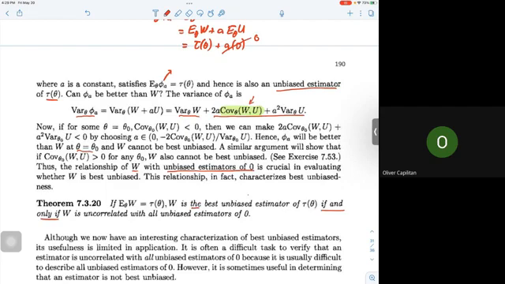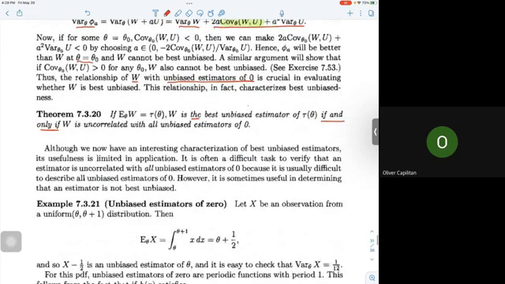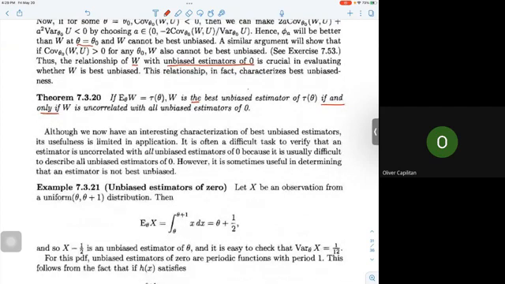Okay, so although we now have an interesting characterization of best unbiased estimators, its usefulness is limited in application. We have a remark here. It is often a difficult task to verify that an estimator is uncorrelated with all unbiased estimators of 0.